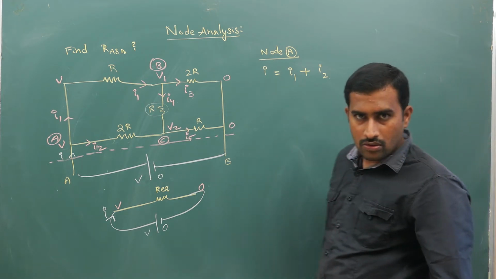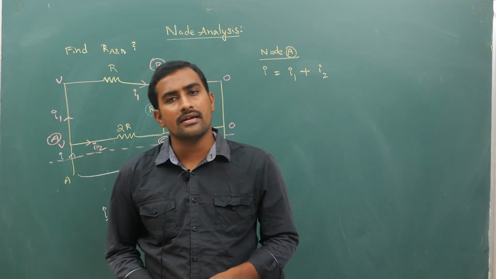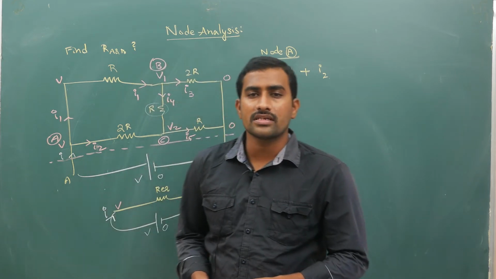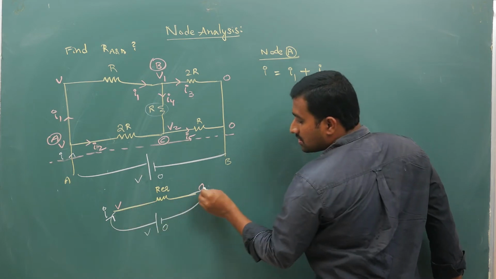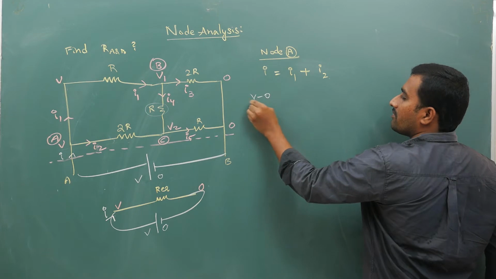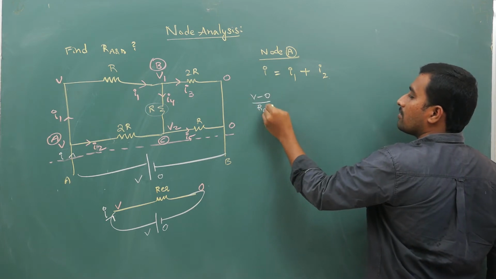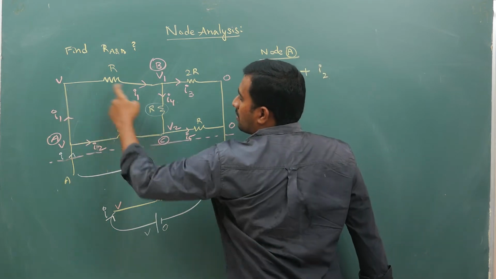Now from Ohm's law, your current I is potential difference by resistance. So your I is, this is V, this is 0, V minus 0 by R equivalent, is equal to I1 plus I2.